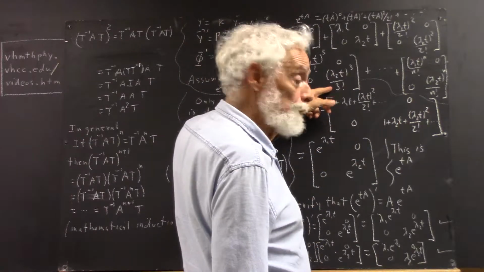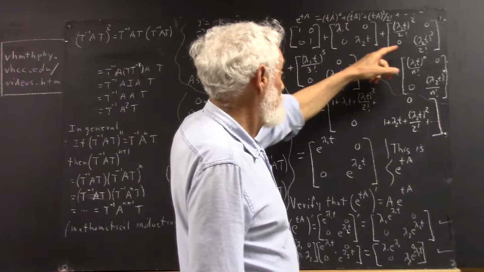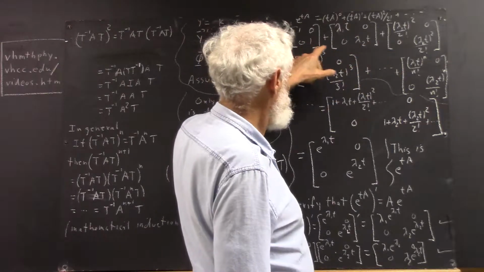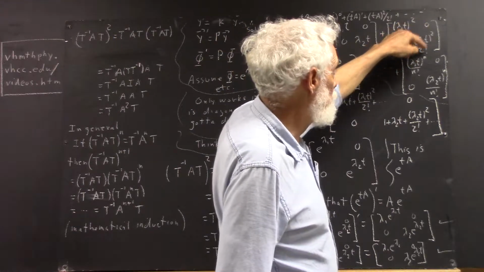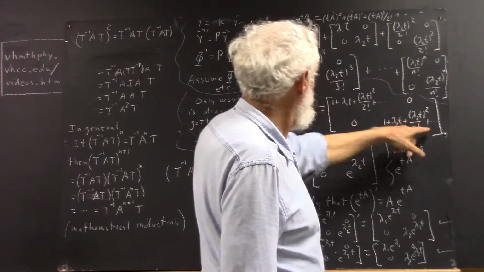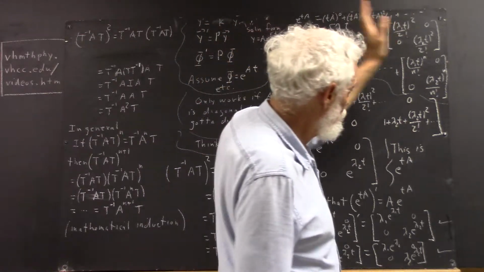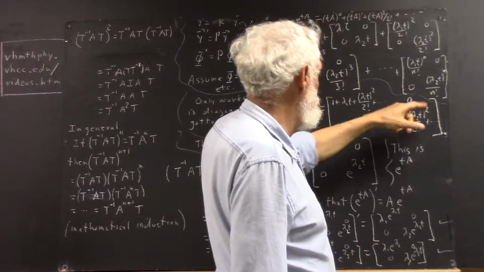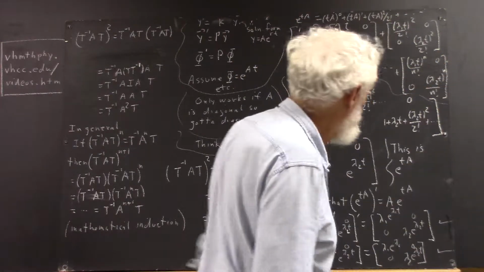And then the second row, second column number is just going to be 1 plus lambda 2t plus lambda 2t quantity squared over 2 factorial, then plus lambda 2t quantity cubed over 3 factorial, and so forth out to lambda 2t to the n over n factorial and beyond.